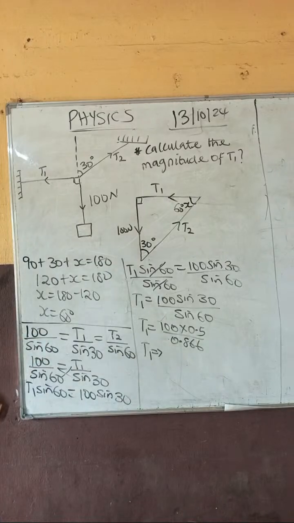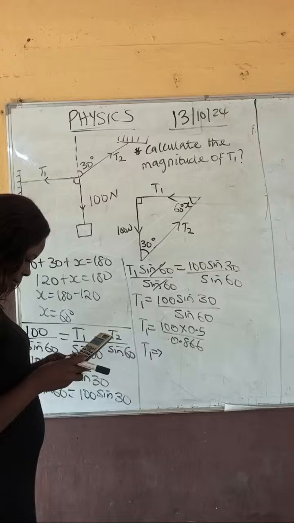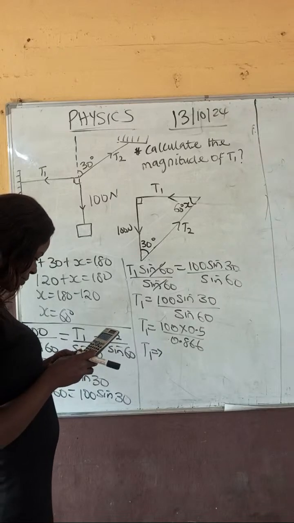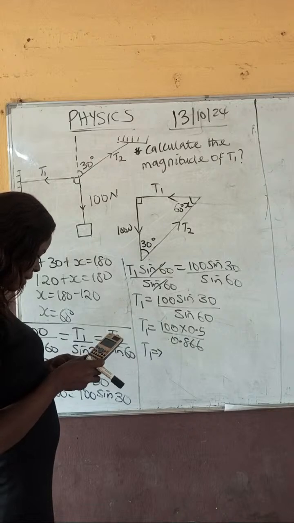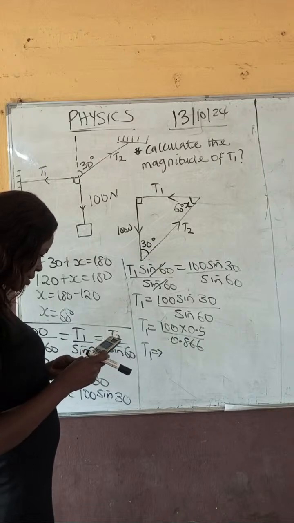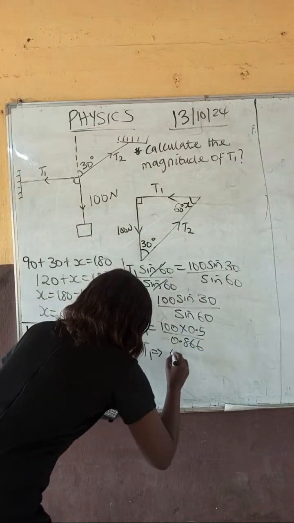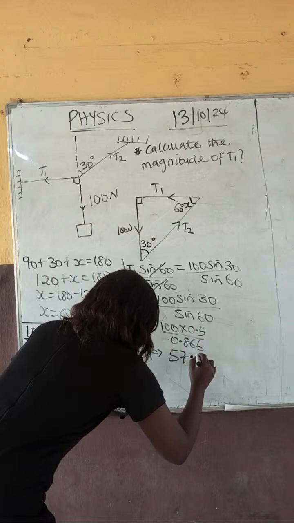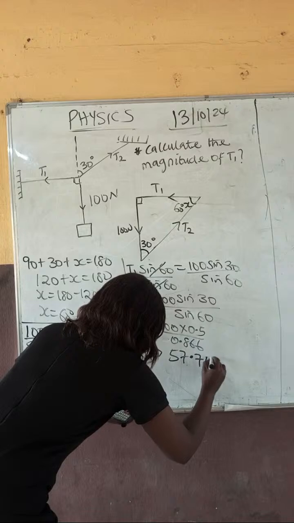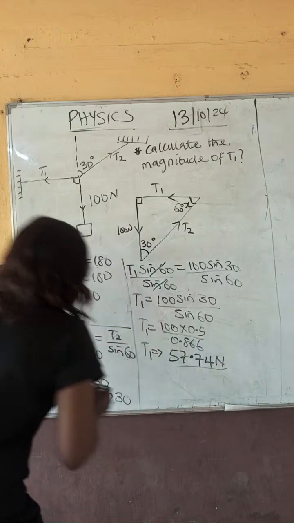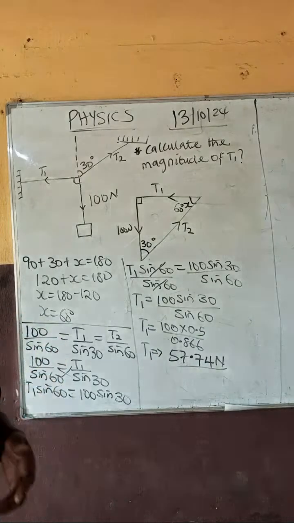So let's use our calculator and work it out. 100 times 0.5, that is 50, divided by 0.866. So my answer becomes 57.74 Newtons.